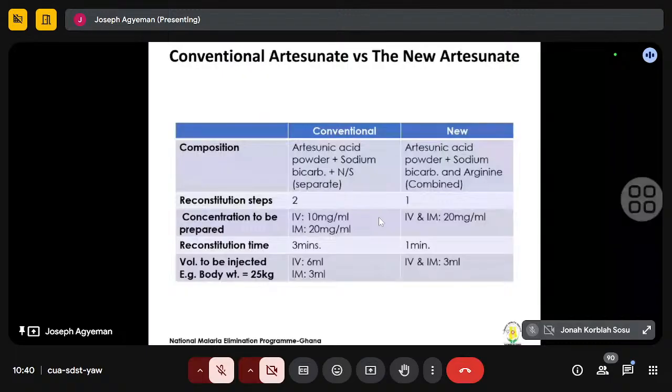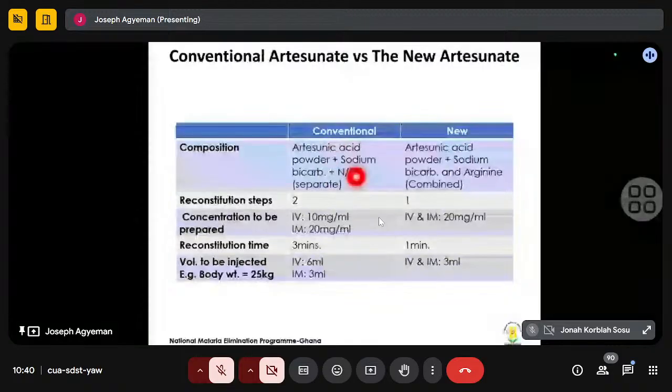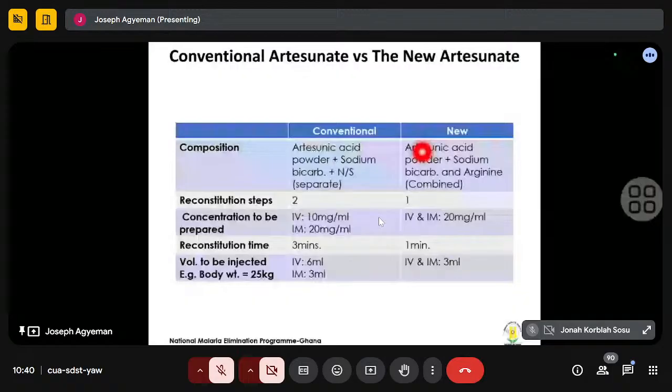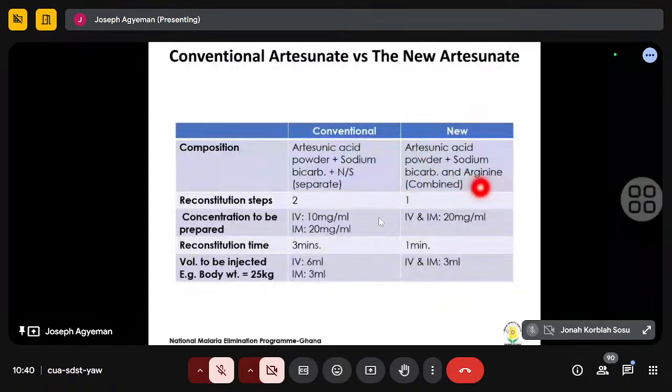We have 3 separate bottles in the old one, each holding the 3 separate ingredients, whilst in the new pack, we have just two separate bottles. One of them contains the active ingredient, artesunate acid. The other contains a combination of sodium bicarbonate and arginine, 2 packs.